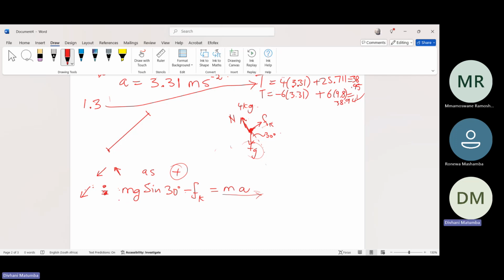So what we're going to have is 4 times 9.8 times sine of 30 minus, what will be the value of friction? Romeo.